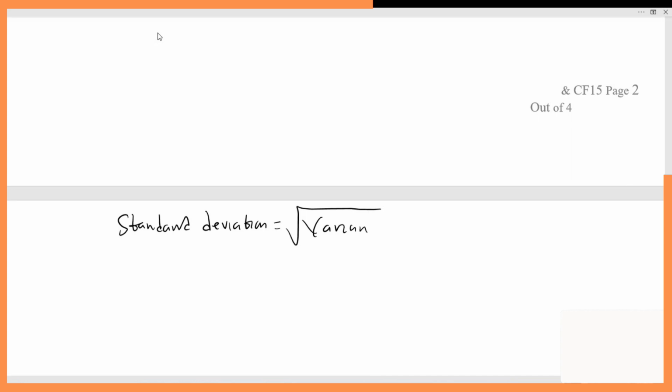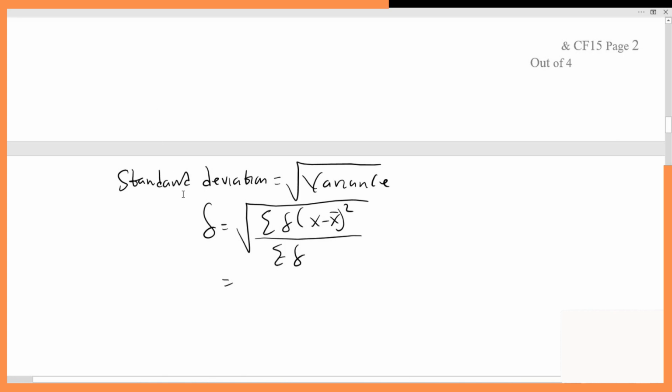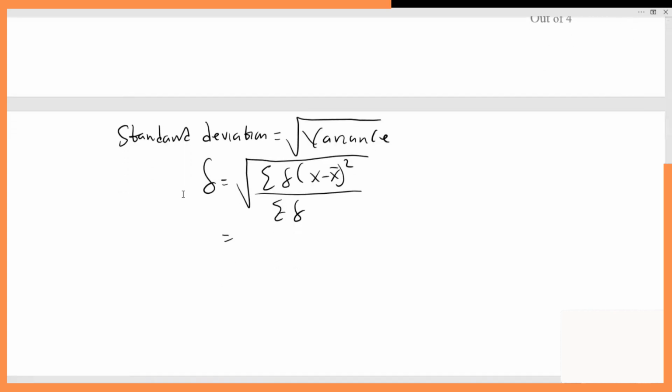So sigma is the square root of the summation of f into x minus x bar squared divided by the summation of f, where we have already found the summation of f into x minus x bar squared.